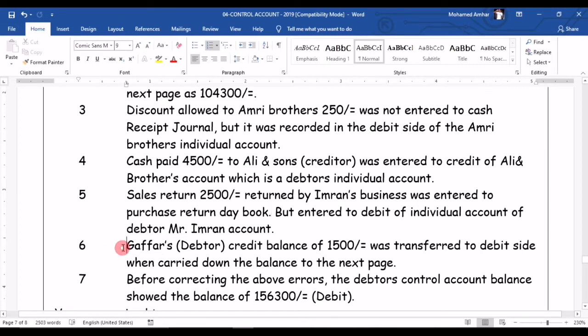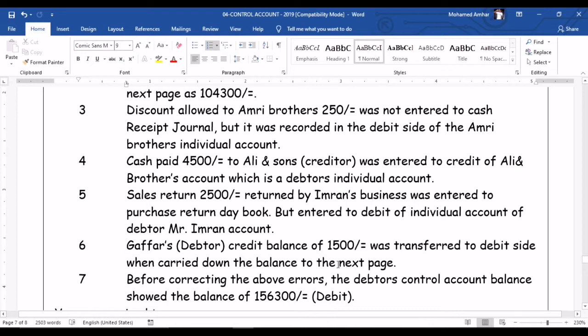Sixth, Ghaffar is a debtor. A credit balance of 1,500 was transferred to the debit side when carrying down the balance to the next page. So in a debtor's account, a credit entry is debited here.